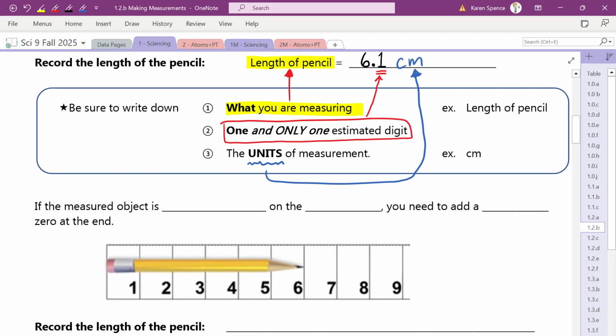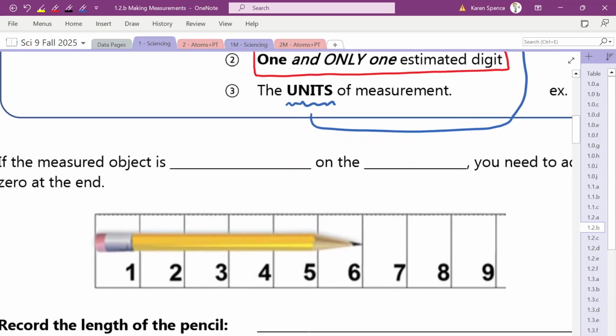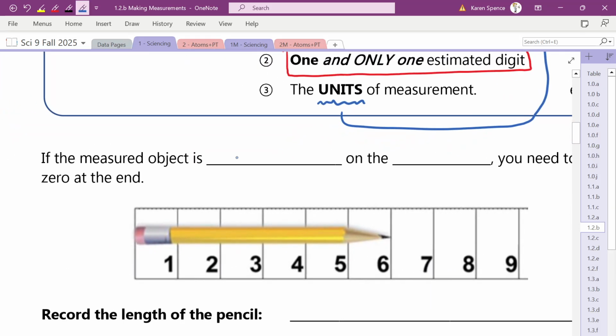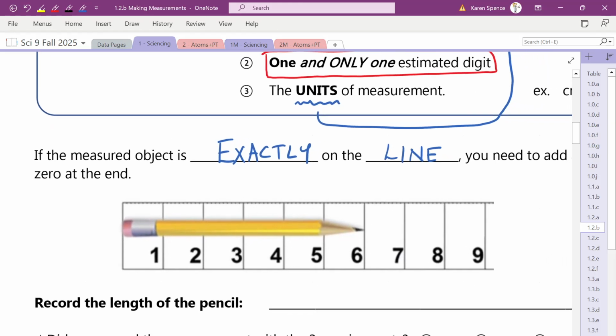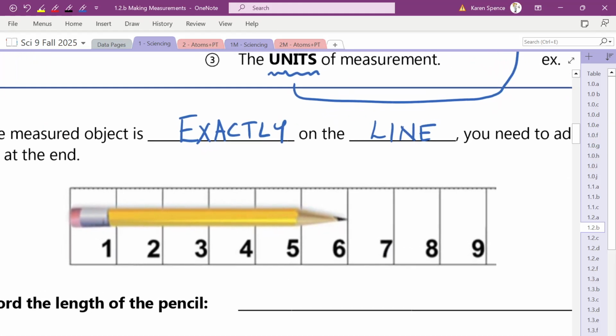Now, if the measured object is actually exactly on the line, do you remember how many estimated digits we needed? 1.